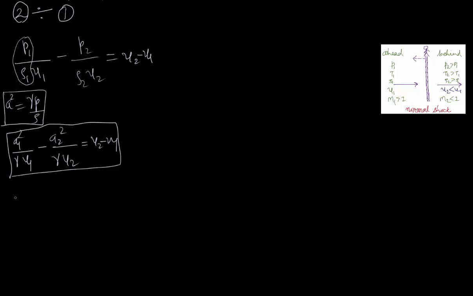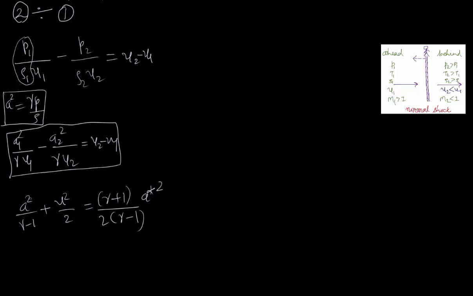Now consider an alternative form of the energy equation that we have already derived, which is a square by gamma minus 1 plus U square by 2 equals gamma plus 1 by 2 into gamma minus 1 a star square. If you do not remember this equation, go through that lecture where we derived alternative forms of the energy equation.